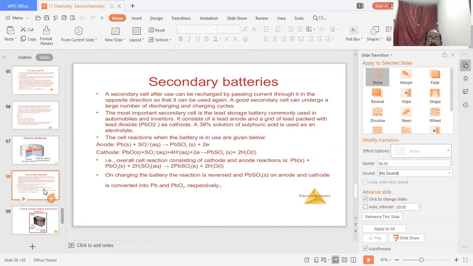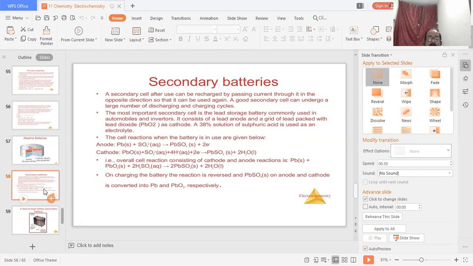A 38% solution of sulfuric acid is used as the electrolyte. The cell reactions when the battery is in use are given below. At the anode, solid lead plus sulfate aqueous gives lead sulfate, releasing electrons, and at the cathode, lead oxide solid plus sulfate aqueous plus hydrogen ions aqueous, gaining electrons, gives lead sulfate and water.